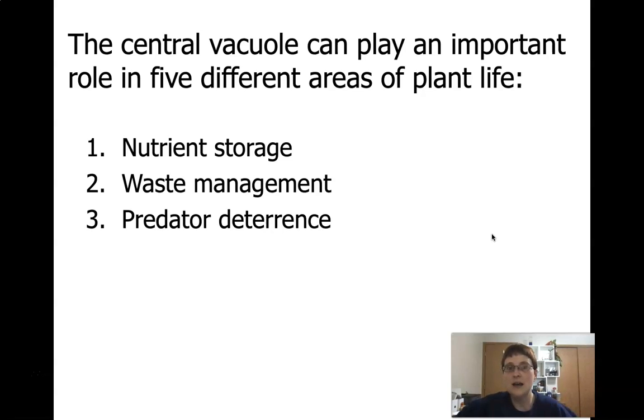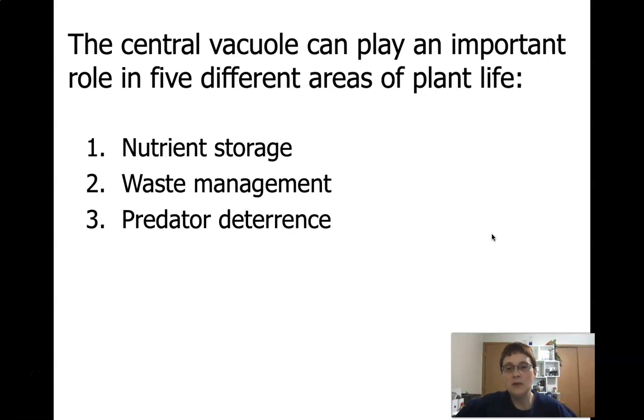Predator deterrents. I know this sounds so weird, but the vacuole is where plants can put different types of nasty tasting chemicals and toxins, so that if an animal bites into a plant, they are going to puncture into that vacuole and they're going to get that mouthful of nasty.